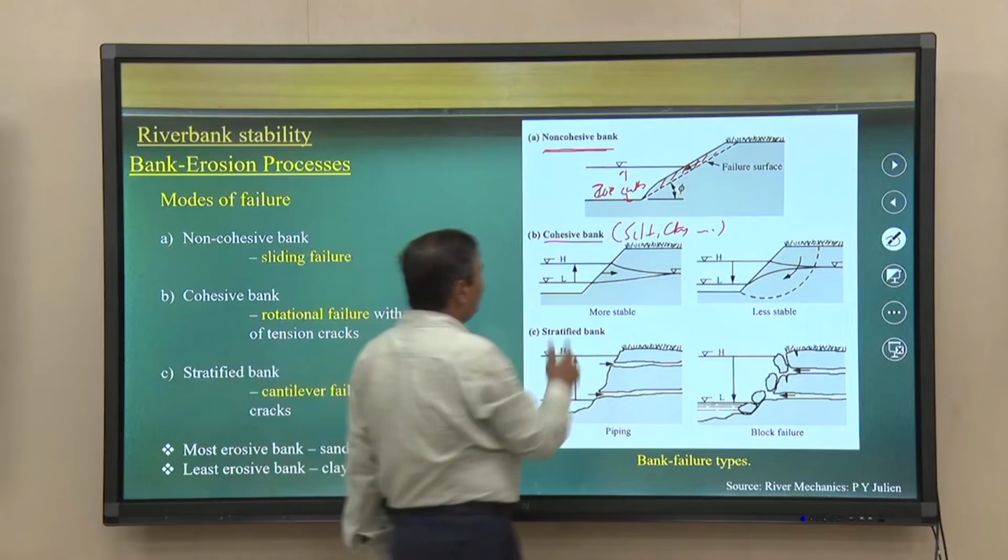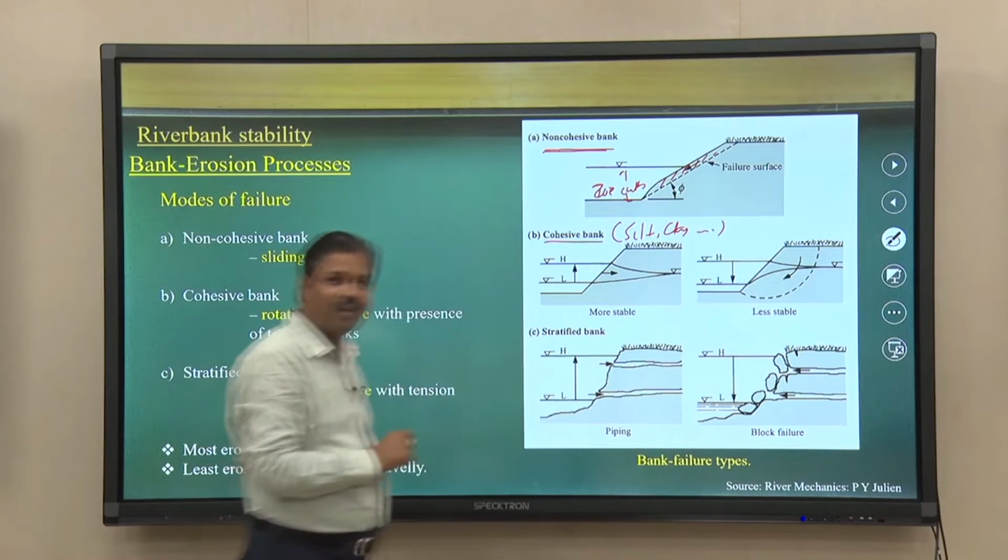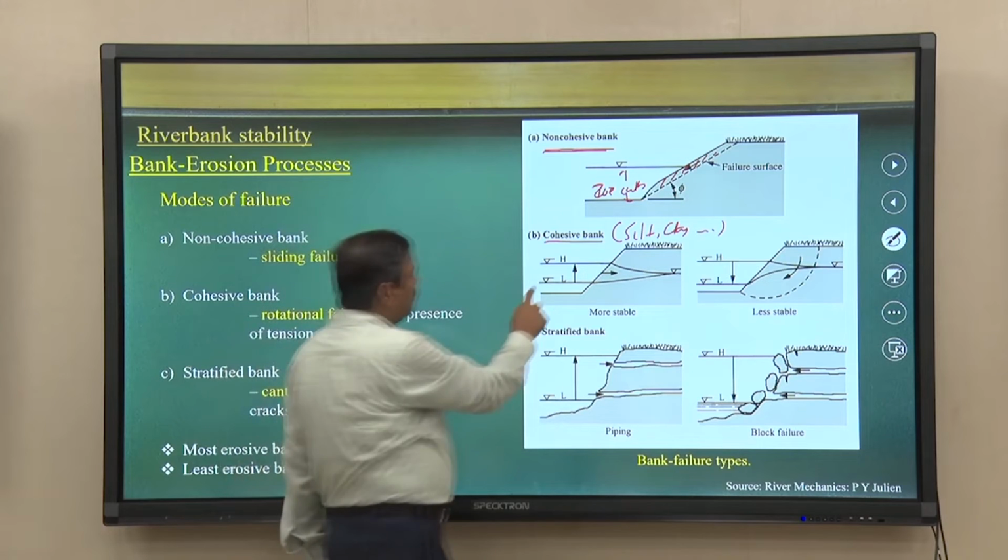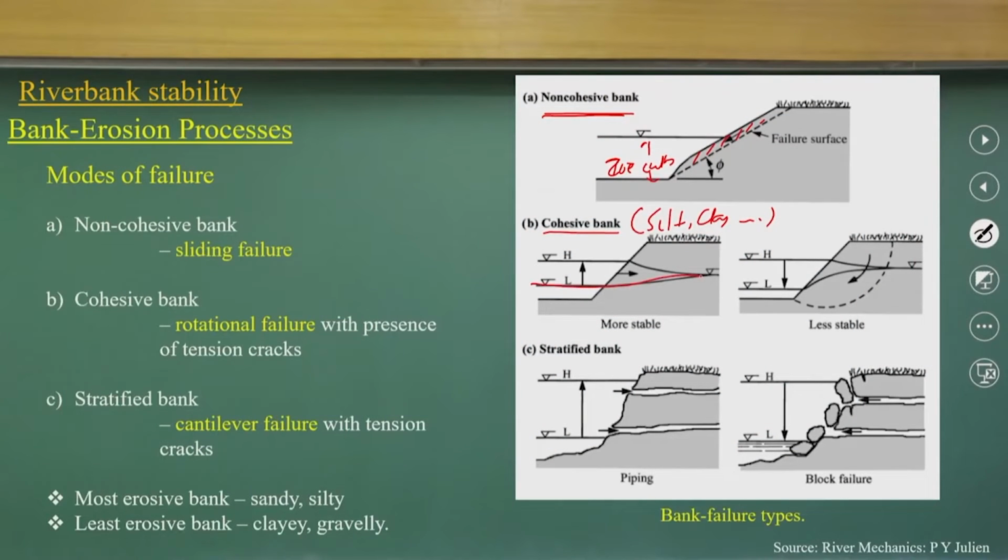So, if you look at that, what actually happens here? When you have a low flow, as in these figures, and it goes to high flow, your groundwater table will increase. The water will go from the river into the bank.